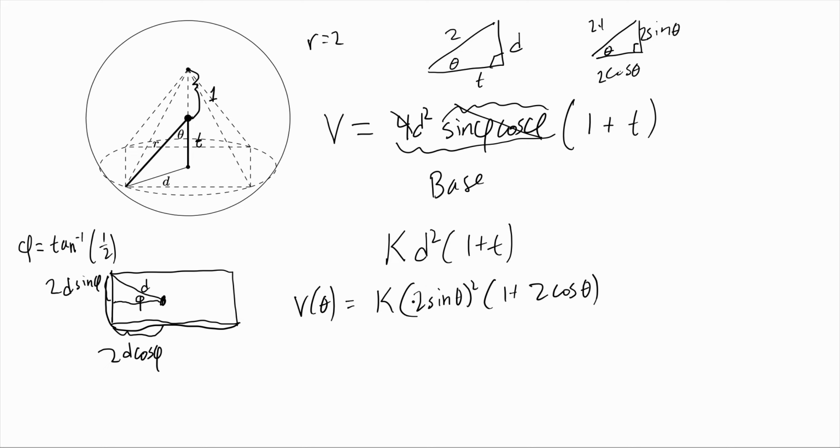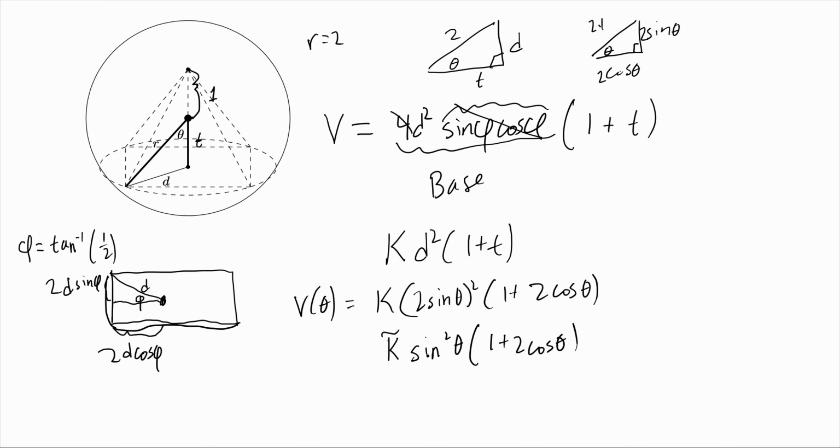In fact, let's make a new constant, because we're going to get a 2 squared, 4. Let's combine that with that to make k tilde, a new constant, times sine squared theta times 1 plus 2 cosine theta. And it's still the function. We haven't gotten a derivative yet.